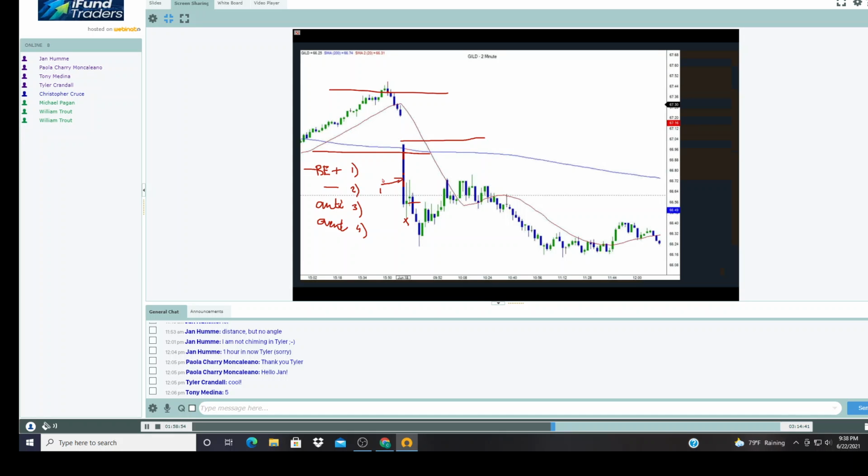So now you have 2 lots here. Sorry. So we have 2 lots here, and now we add 1 lot here. So now we're 3 lots short in the trade. And now we get our pushes because we entered here. We have 1 push, 2 pushes, 3 pushes. So somewhere here is where you take your first profit.